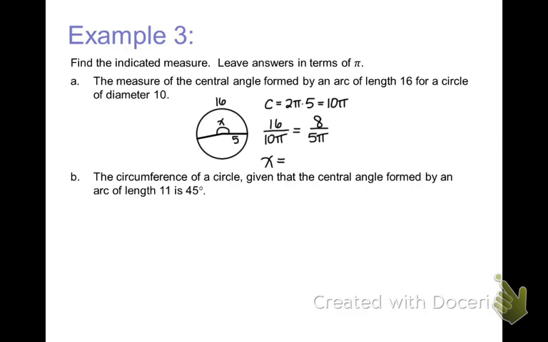You would take 1/3 of 360. So again, if your fraction was 1/3, you would literally take 1/3 times 360, right? So all you guys have to do is take 8 over 5 pi of 360.